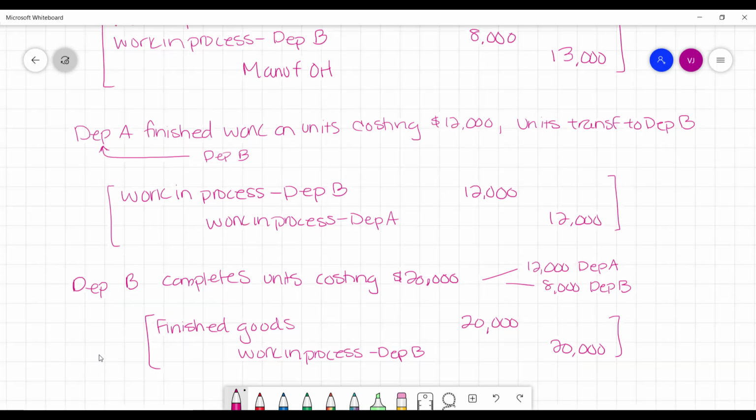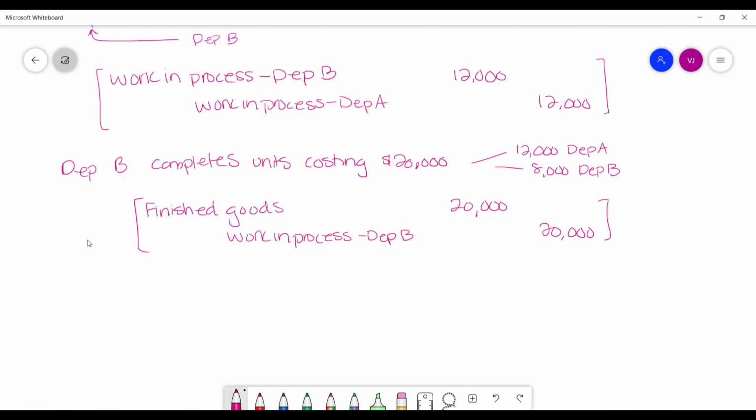So that's the cost of goods manufactured that is being moved from work in process to finished goods there. So as you can see, those cost flows are nearly identical, just with some slight differences due to this different costing system. So I'm going to pause this video here, and in the next video we will jump into equivalent units of production and use of our template coming up.